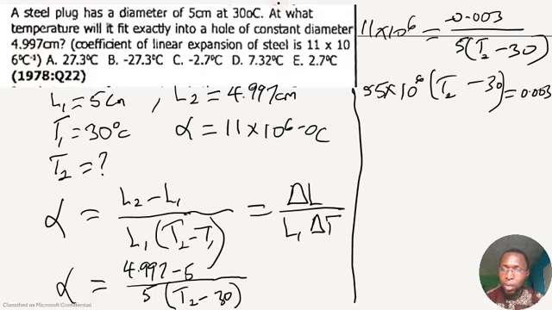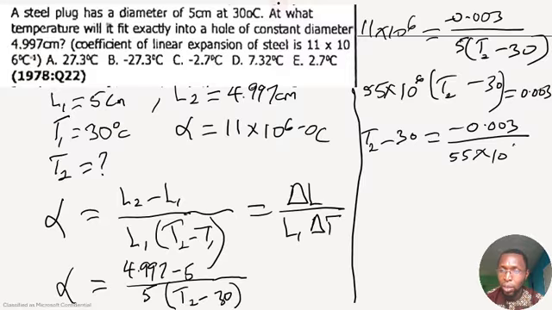Now, still moving on, we need to divide both sides by 55 times 10 to the power minus 6. So T2 minus 30 will be equal to 0.003 over 55 times 10 to the power minus 6.